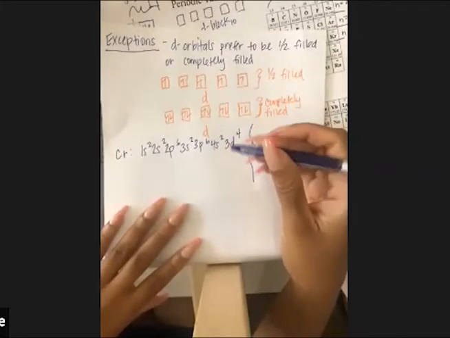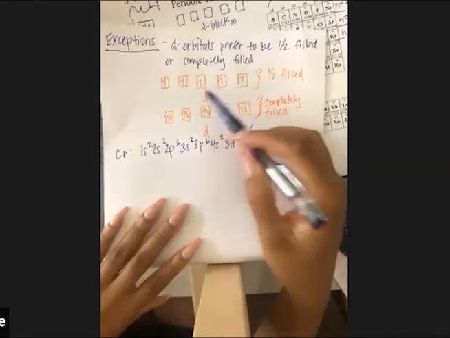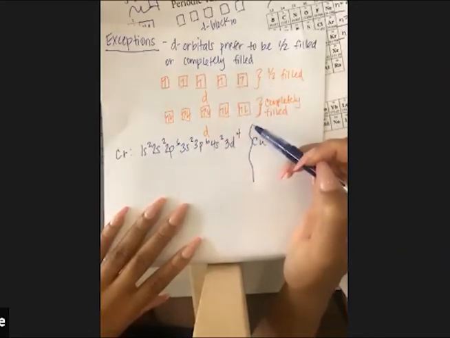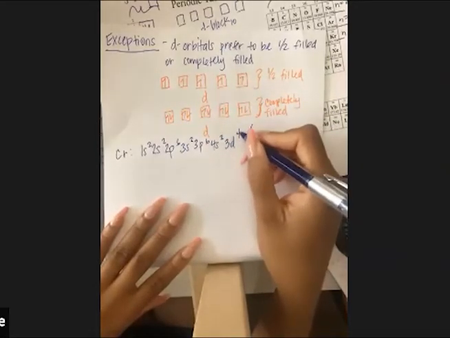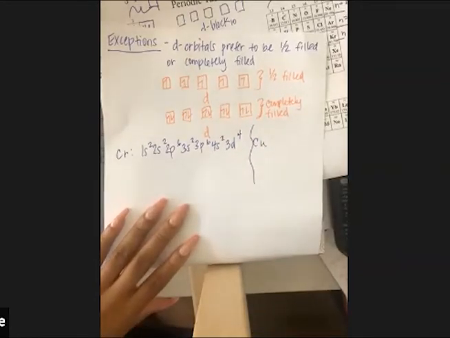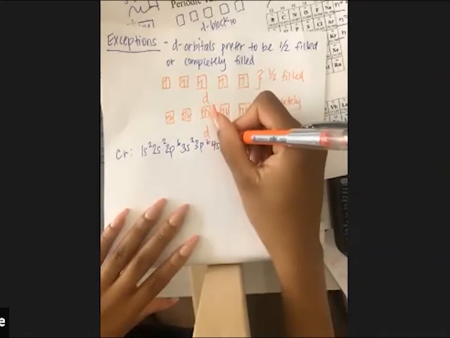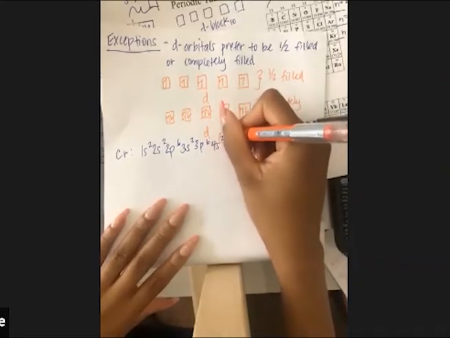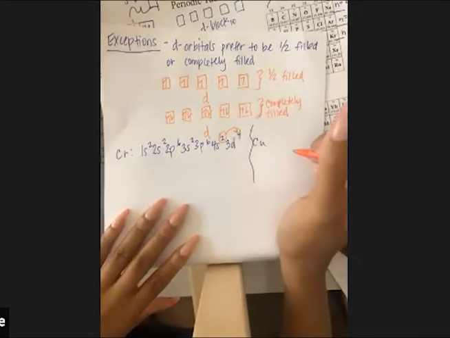But in reality, because the d orbitals prefer to be half filled or completely filled, you see this is 3d4. What ends up happening is it's going to take an electron from the s orbital, so that it can be half filled.